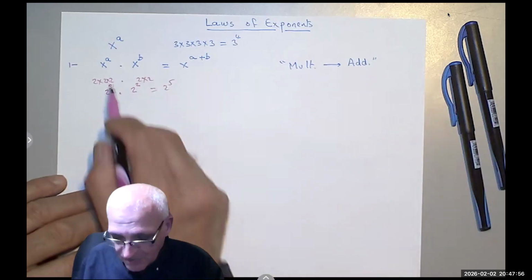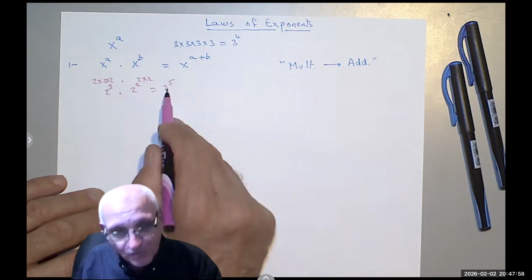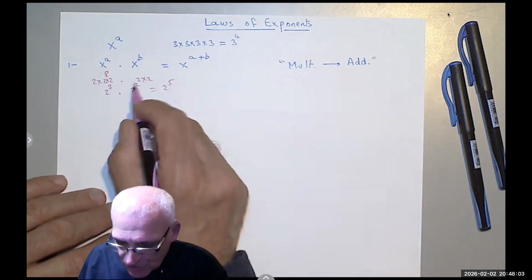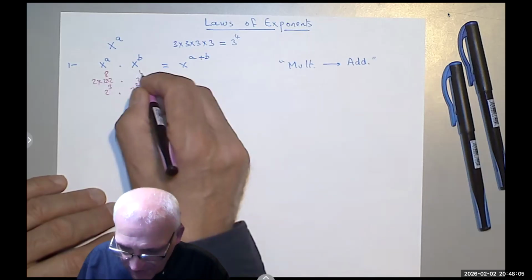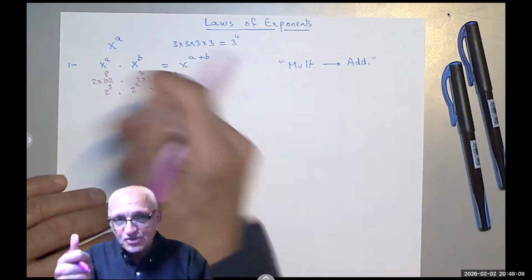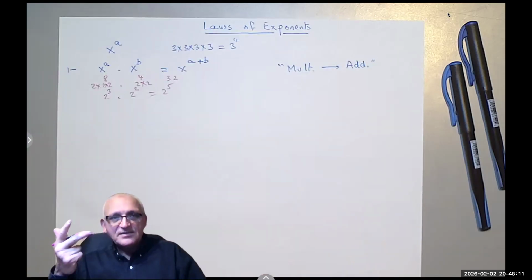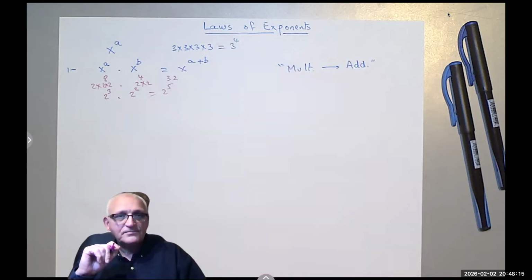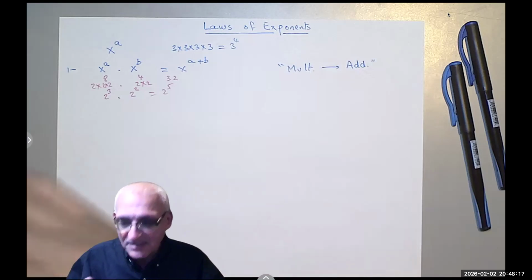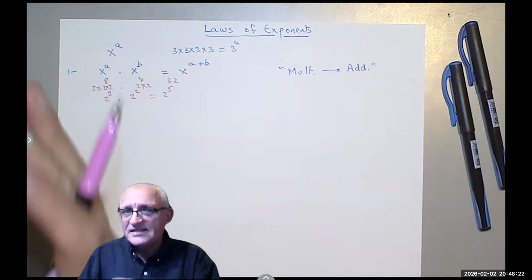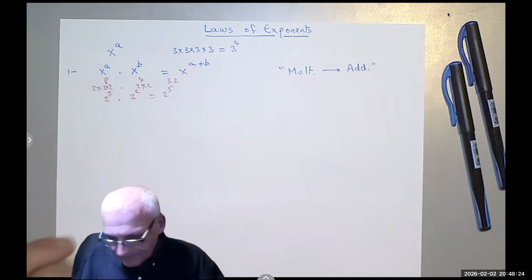You see, I don't say 2 times 3 is 6 and 2 to the 6. No, 2 cubed is 8, and 2 squared is 4. And when I multiply 8 by 4, I get 32, which is 2 times 2, 4, times 2, 8, times 2, 16, and times 2, 32. So when you have a multiplication of the same base, you simply add the exponents.